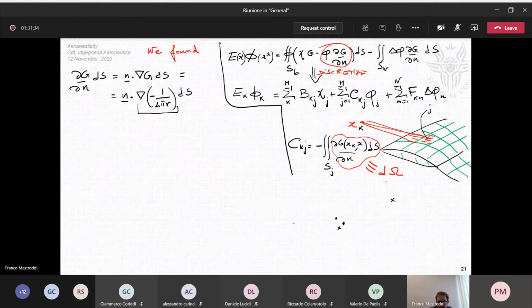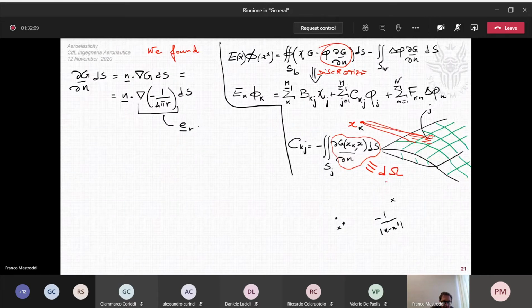If you have a field like this of type 1 on r, this gradient of 1 on r is a scalar function whose gradient has the direction of the radius, of course. So this gradient is equal to the unit vector er. This is the direction of the gradient.